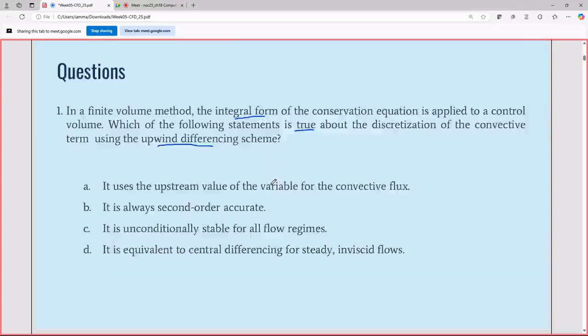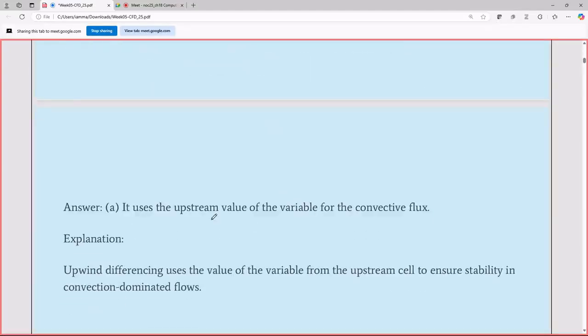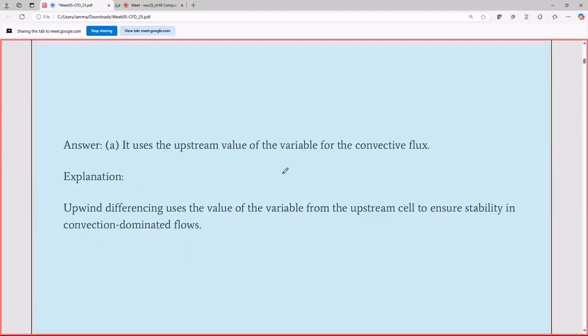The answer is option A. It uses the upstream value of the variable for the convective flux.